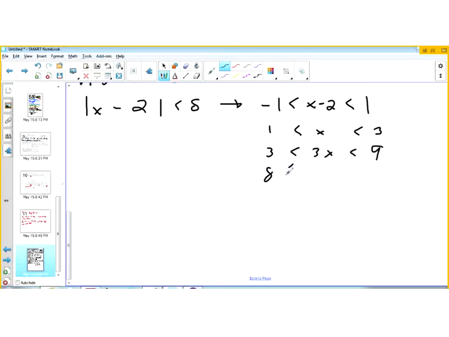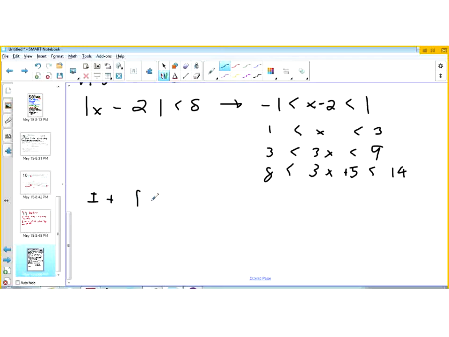If I multiply all sides of the inequality by 3, I'll have 3 less than 3x less than 9. Then I'll add 5, so I'll have 8 less than 3x plus 5 less than 14.